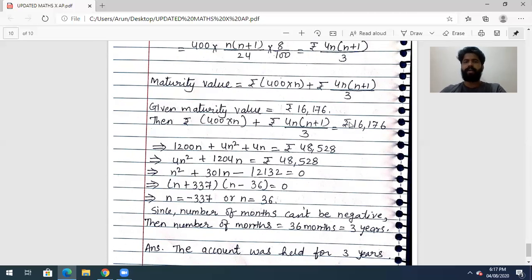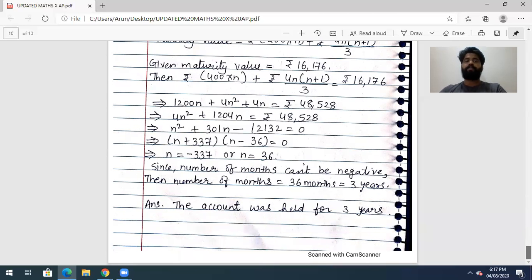Given that the maturity value is rupees 16176, we will equate them. We'll get 400n plus 4n into n plus 1 upon 3 is equal to 16176. When you cross multiply, you will get 3 into 400 is 1200n plus, open the bracket, 4n into n, 4n square, plus 4n into 1 is 4n, is equal to rupees 48,528.